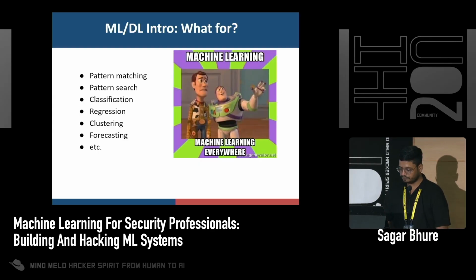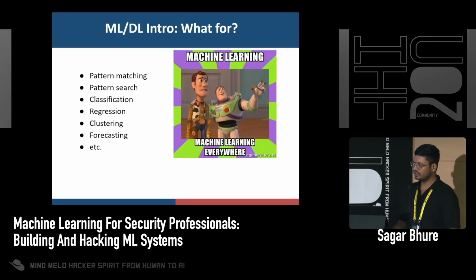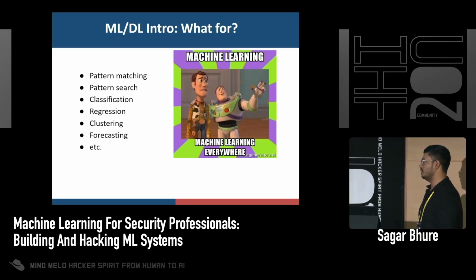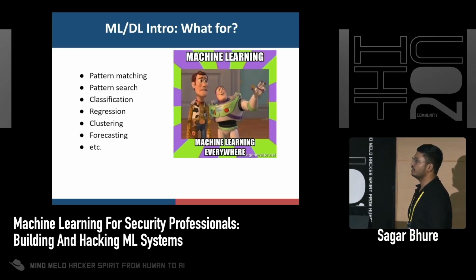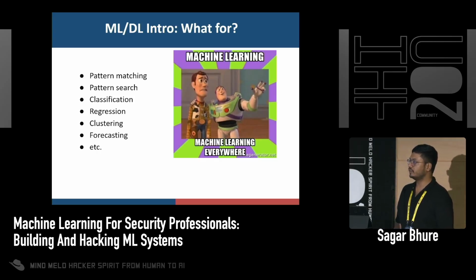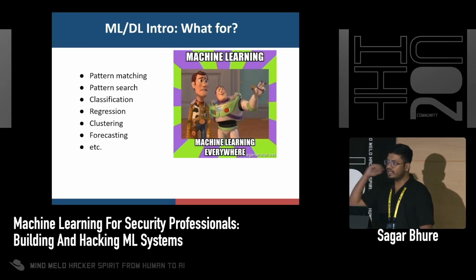So this is a couple of use cases where ML or DL, an acronym of machine learning and deep learning, is used for pattern matching, pattern search, classification, regression, clustering, and forecasting. Forecasting in the sense that, what will be the weather tomorrow?